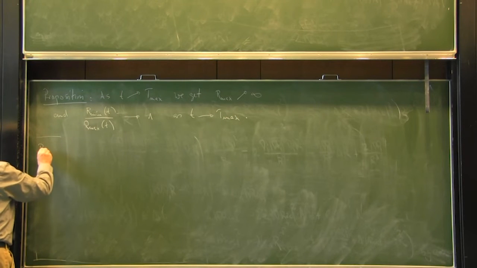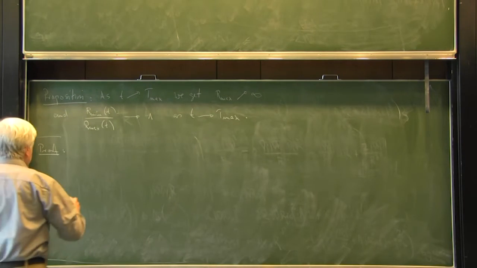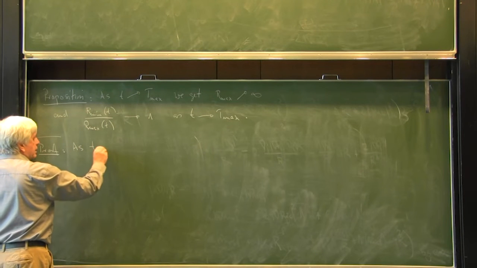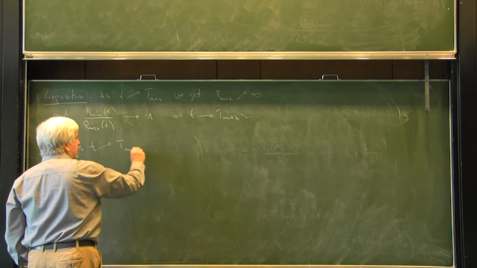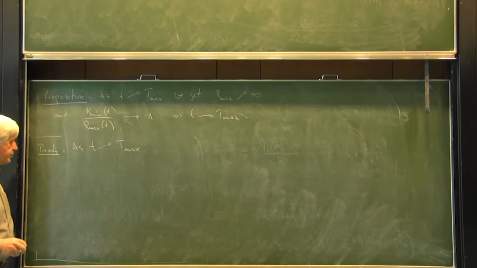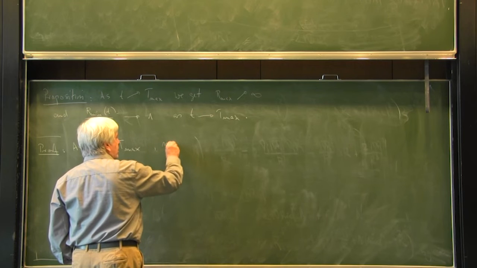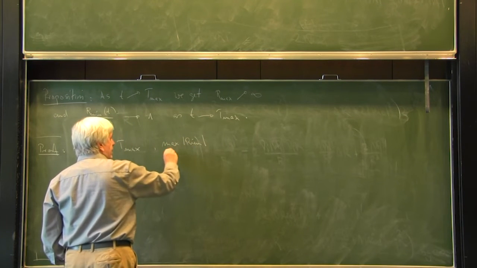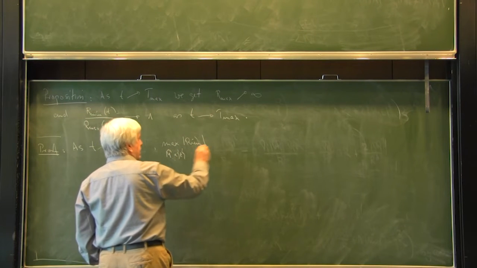As a proof, we know that as t approaches T max, the maximum of Riemann on M^n at time t is unbounded.